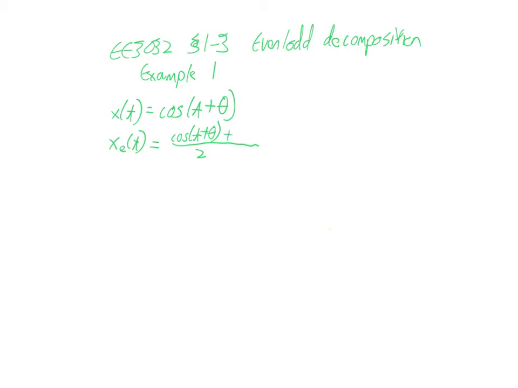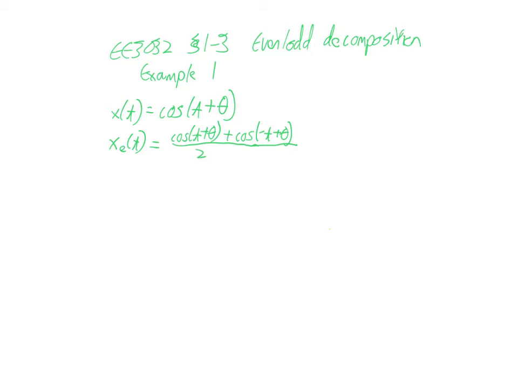So we replace t with negative t, so t becomes negative t, and then to that value we're adding theta. So notice we did not take the negative of the entire argument. That's not what the definition of the even part is. It says you flip it just about the time axis.